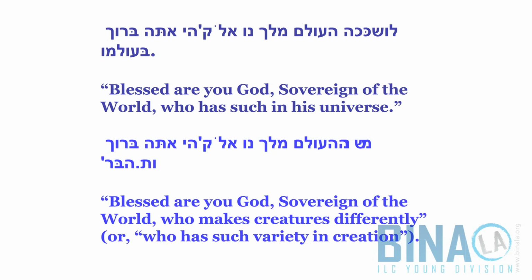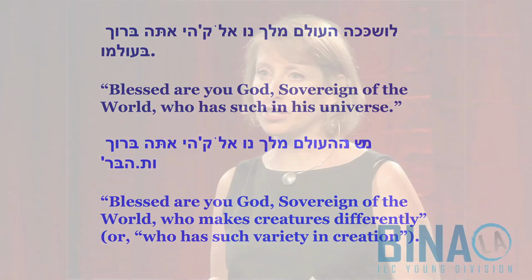Blessed are you, God, sovereign of the world, who makes creatures differently or who has such variety in creation. It's actually difficult a little bit to think which one is which. They both bless God, and neither has anything negative in them. Turns out the top one is for beautiful, the bottom one is for ugly. So anytime you encounter someone who's particularly beautiful or who's particularly ugly, here are your brachot.